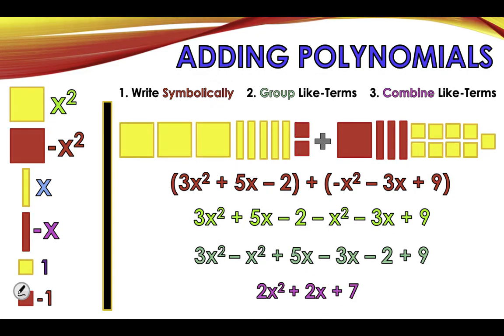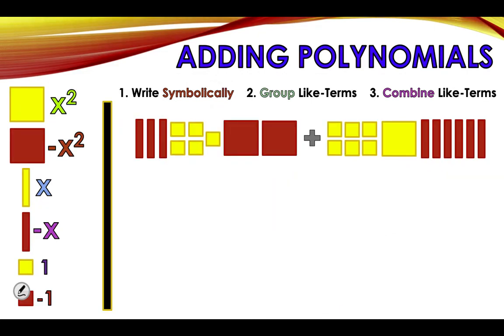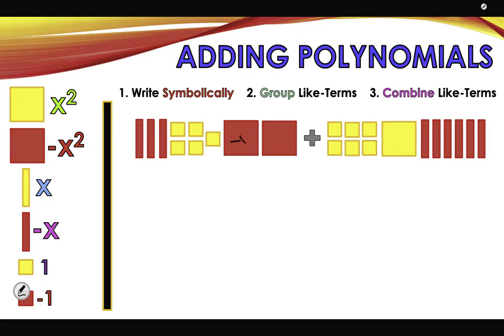Let's go through one more of these together where I'm not putting them in order for you, nice and easy, the way that I was up until this point. So I have negative 3x plus 5 minus 2x squared.